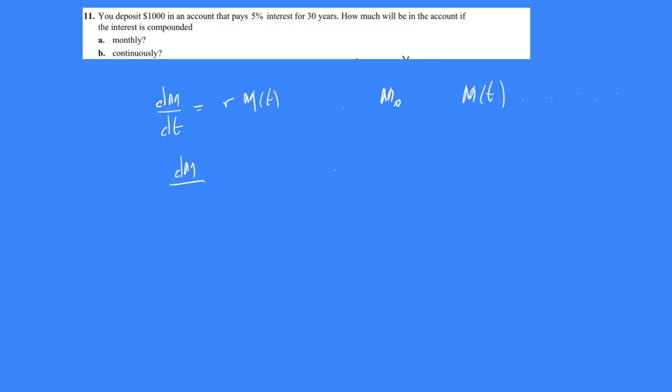That means we put all the variables that imply money on one side, and all the variables that imply time on the other side.